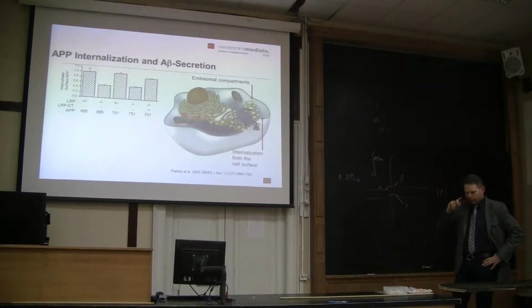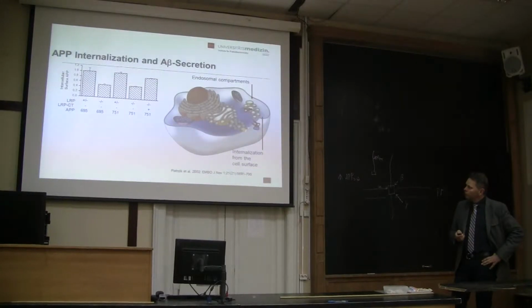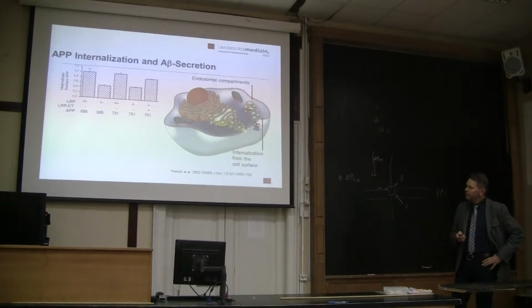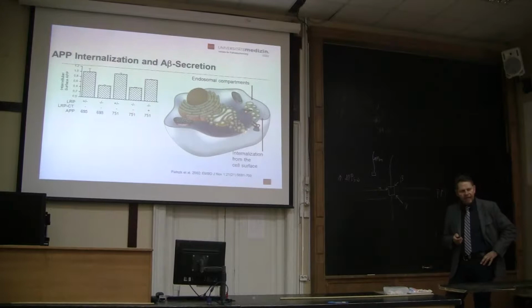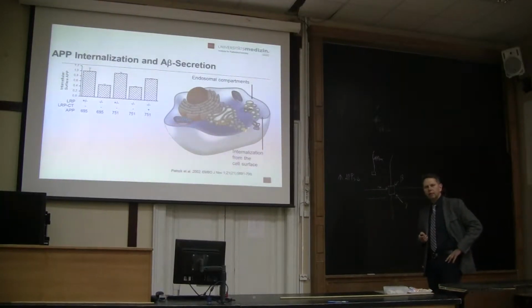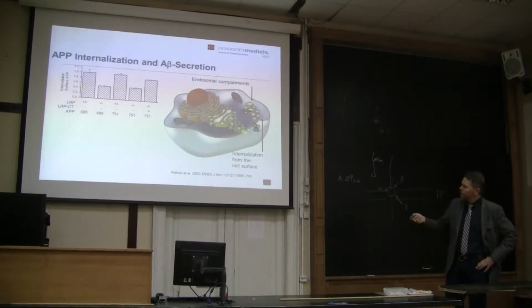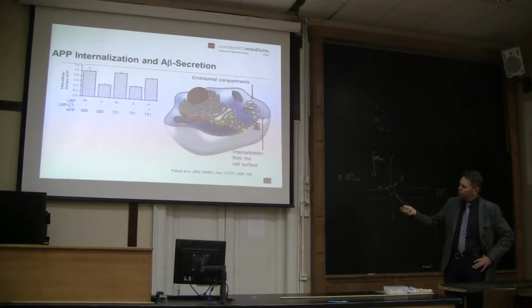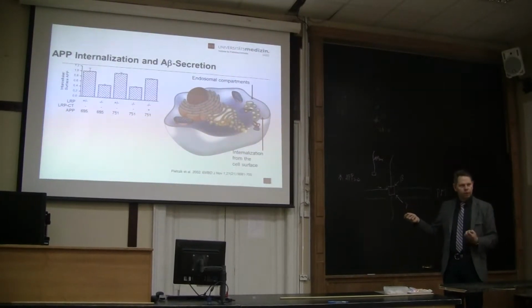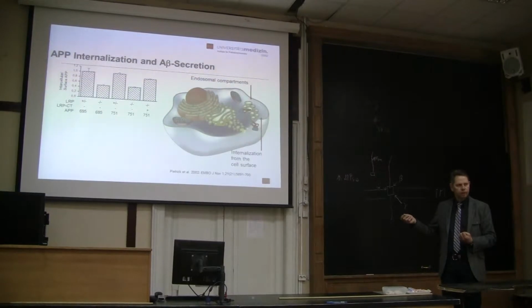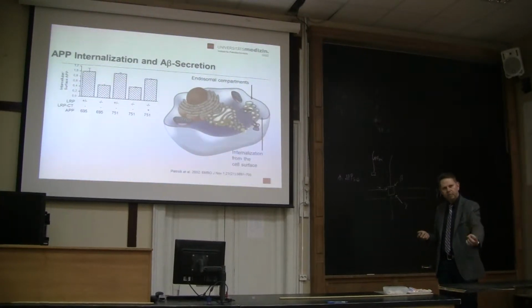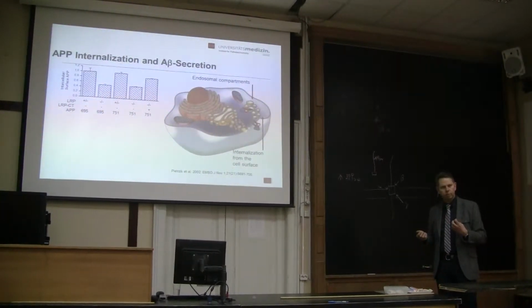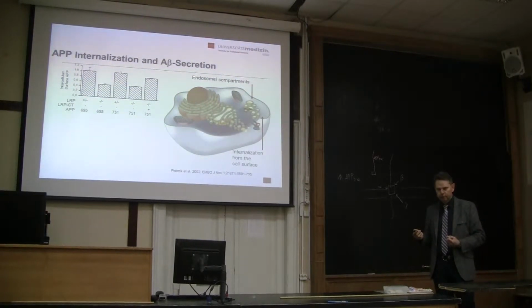Then I tried to analyze what is going on with the internalization rate of APP in LRP knockout or expressing cells. And you can see here, regardless which APP we use, whether the shorter form or the longer form of APP, LRP knockout cells internalize much less APP from the cell surface. And only when APP is internalized into the endosomal compartment, most of the A-beta is generated.